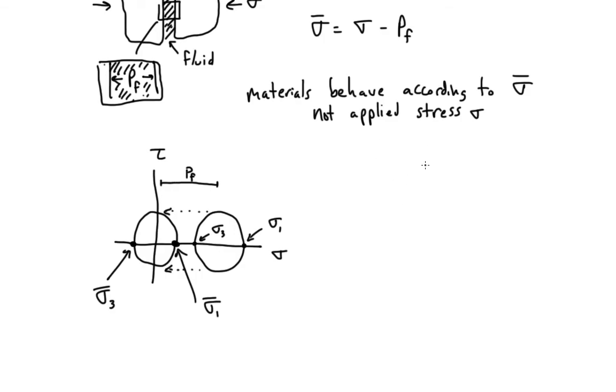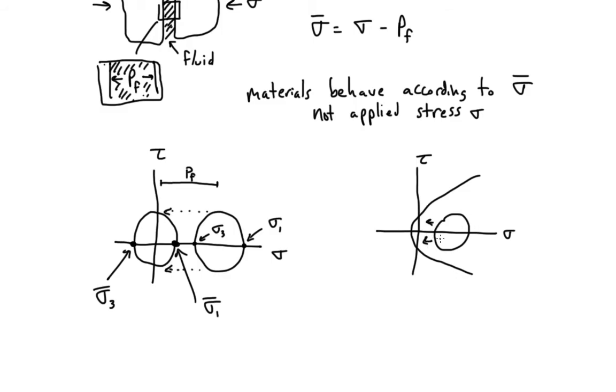And so what can happen then, if we just kind of zoom out, we may not be at failure. Here's the fracture envelope. But if we add enough fluid pressure, the Mohr circle will move over.